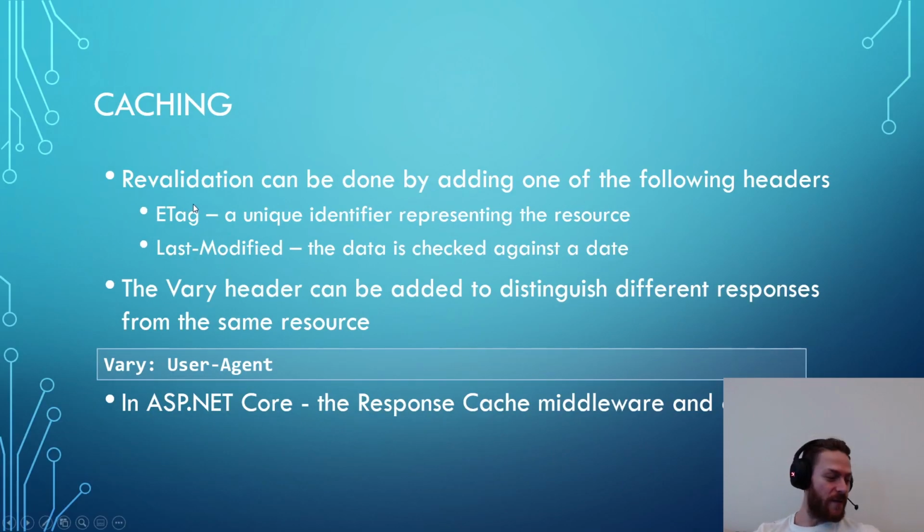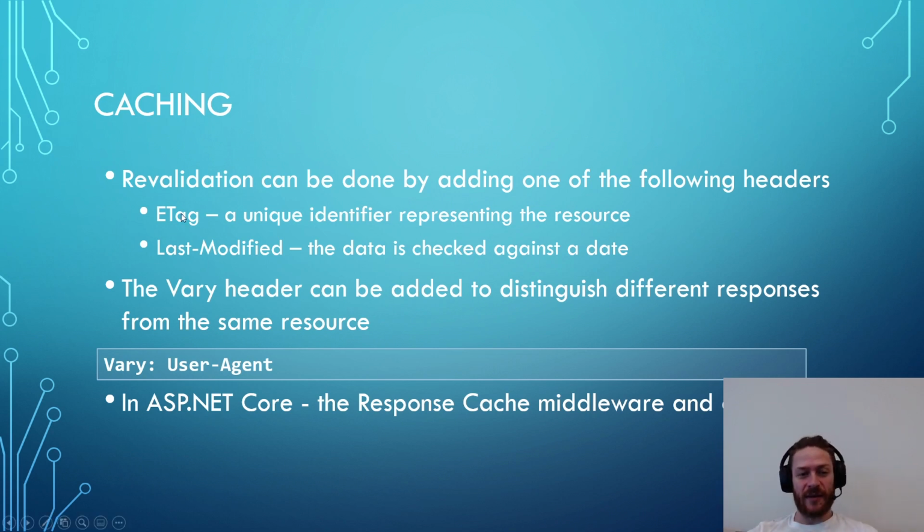So the browser can validate and make conditional requests. We're going to see them in a minute. The browser can make a request and say, I want this picture. Is it the same as the one I have in my cache? And if the server says, yep, it's not modified, the server doesn't return the image to the browser, and the browser renders the image from its cache.